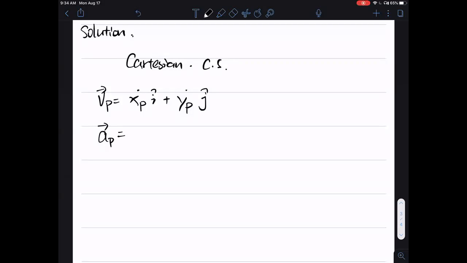For acceleration, we have x_p double dot i plus y_p double dot j. So now we know the equations to solve for velocity and acceleration. The equation tells us if we know x_p dot and y_p dot, we should be able to solve for velocity. But do we know x_p dot or y_p dot?